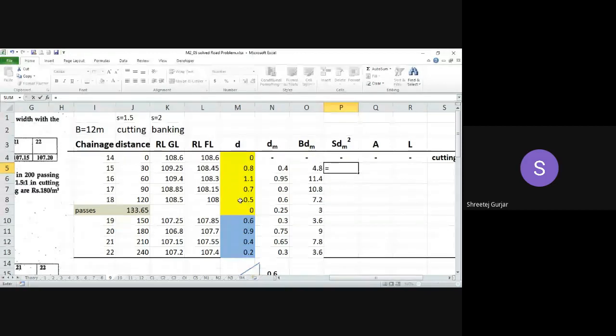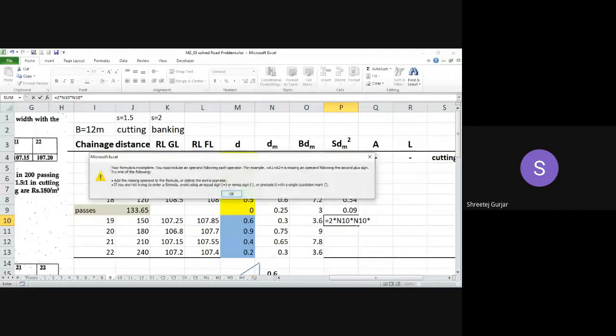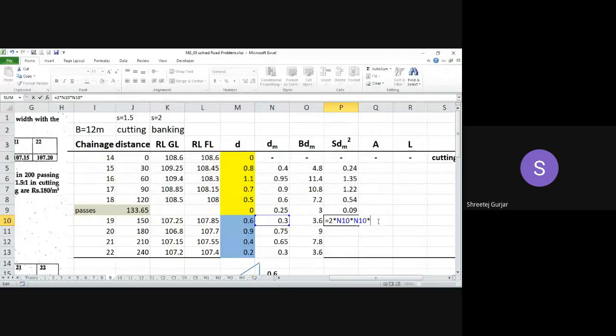So this part is cutting, so I'll use s equals 1.5, 1.5 into dm squared, up to this chainage. And what is s for banking? s equals 2 for banking, 2 into dm squared.